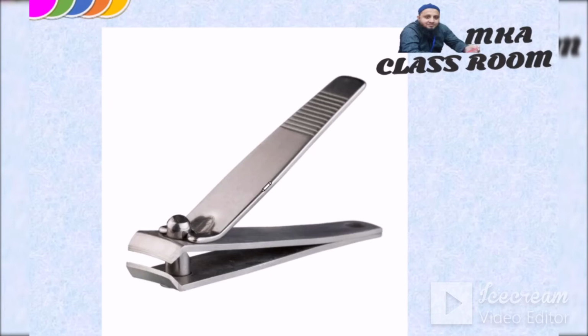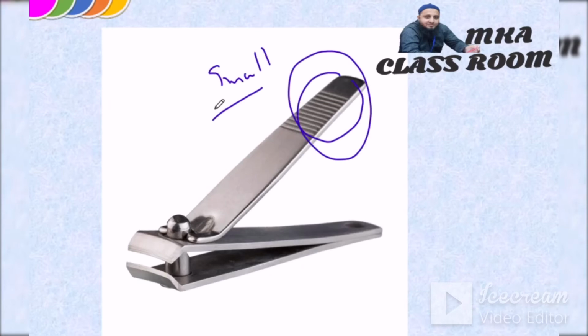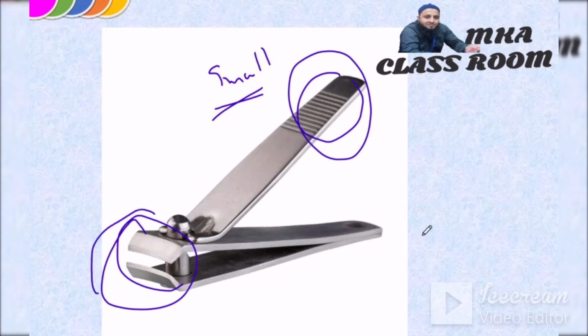If you hold it here and press with a small amount of energy, then you cut your nail with a big force. So actually these are related to finance things. So we use this concept in leverage.